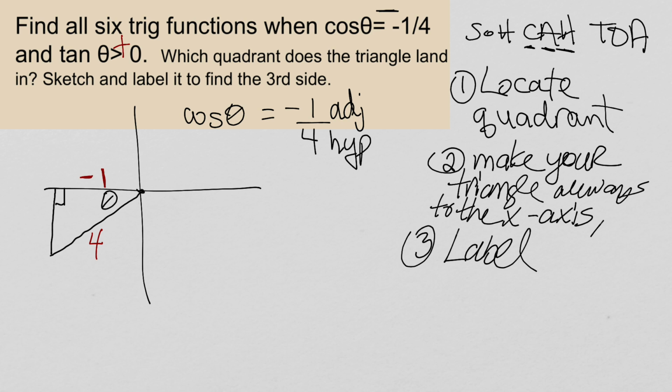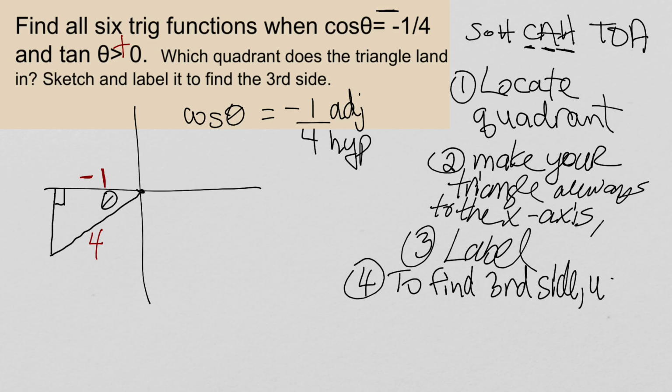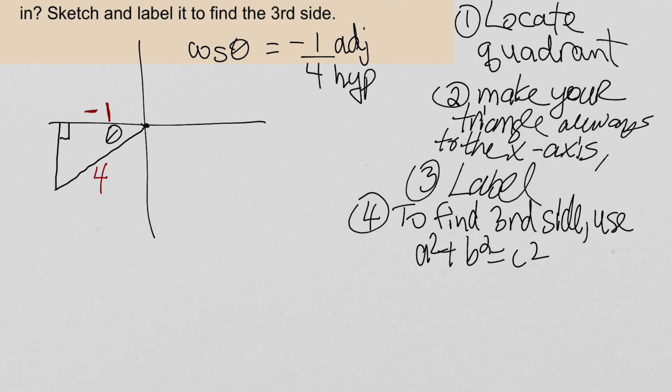So that's 4. How am I going to get the third side? We have to remember the Pythagorean theorem. To find the third side, you're going to use a squared plus b squared equals c squared. Let's plug in the numbers in the right spot.